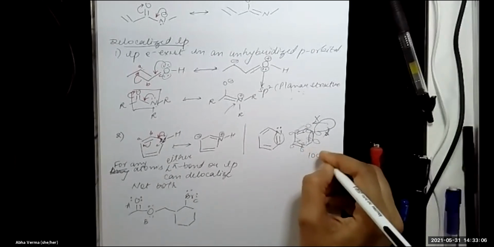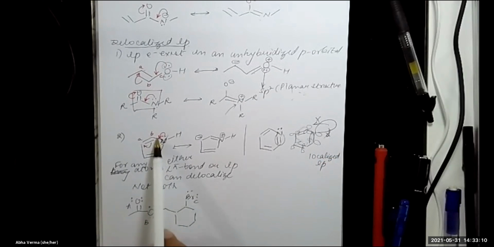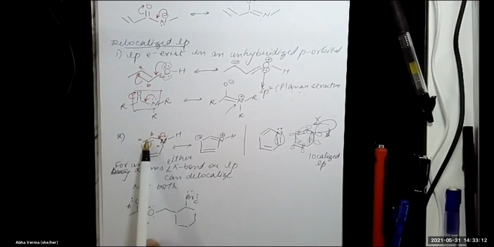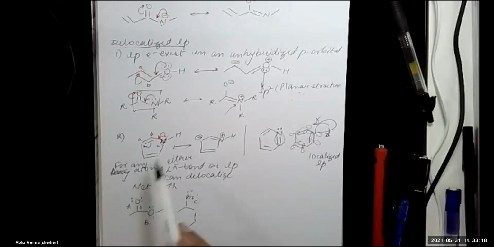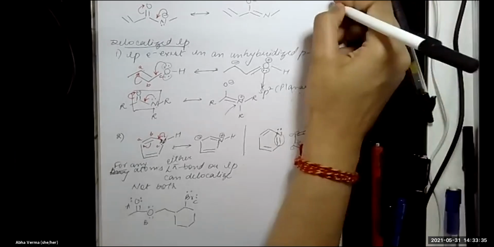We call it a localized lone pair. But the lone pairs which can move around, which can give their electrons away, can be called a delocalized lone pair. So among all these 3, which atom will give you a delocalized lone pair? So just answer that, and that will be the end of our class today.